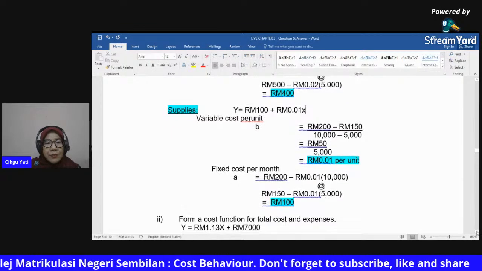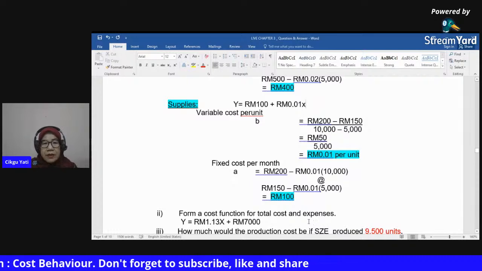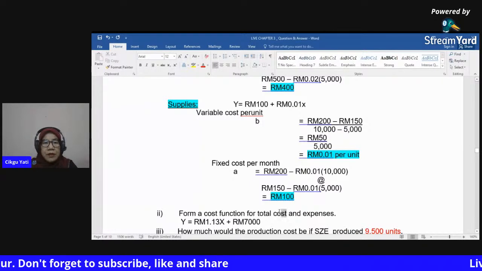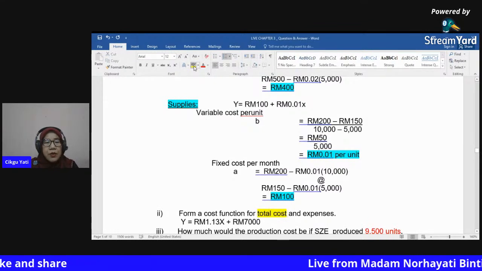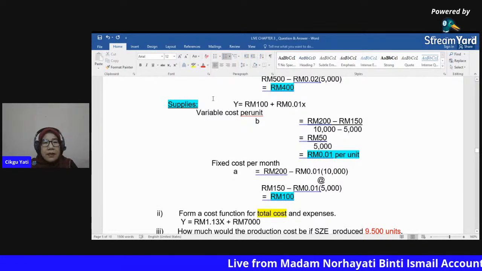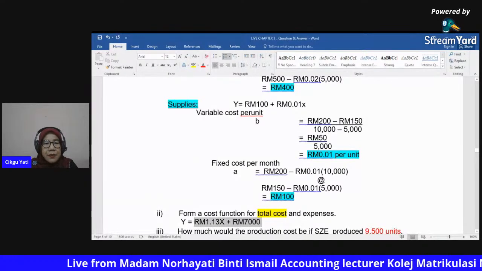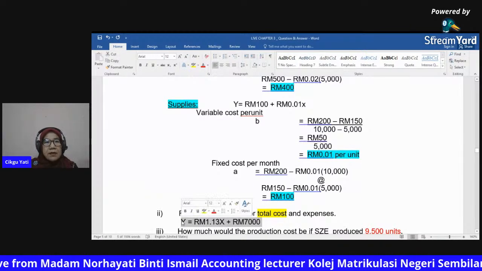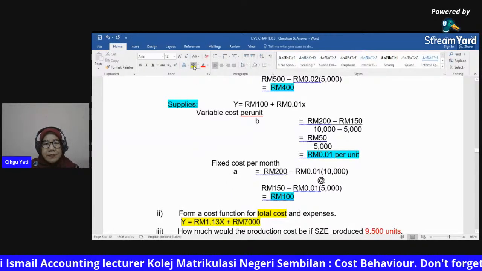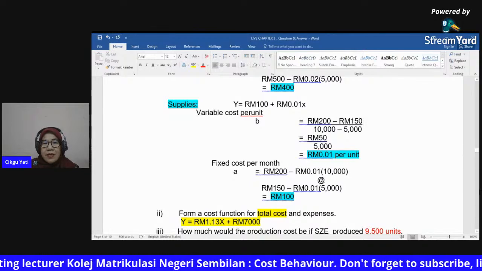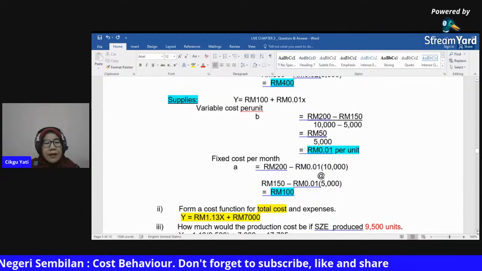You have to form the cost function for the total. Just now we have calculated based on the table. We have calculated the total cost. You have to add all the items, and this is the answer for total cost, representing all the cost items. And the next one, you have to calculate the total cost. Okay.